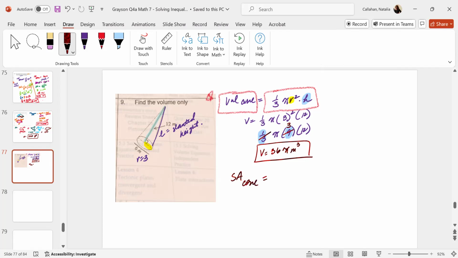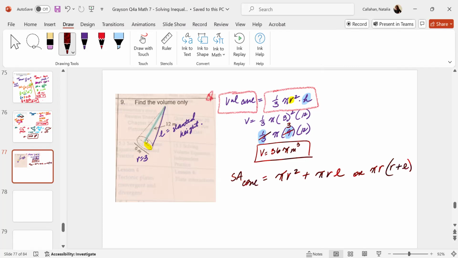Pi r squared plus pi r L. Or another way of thinking about this is pi r times r plus L.